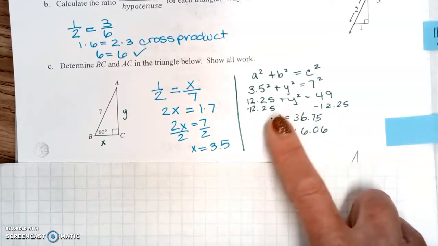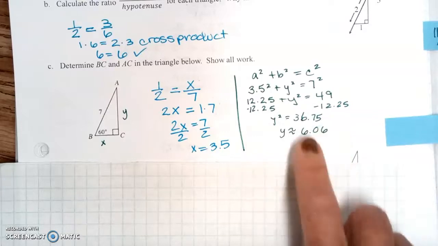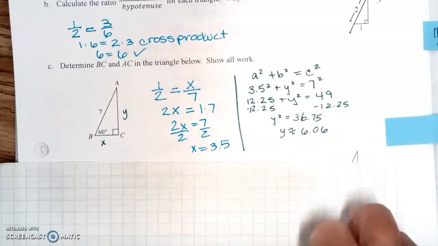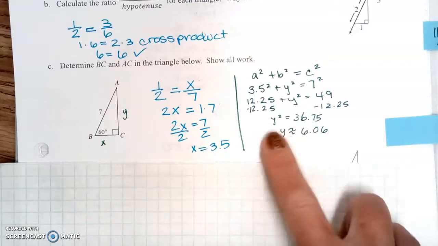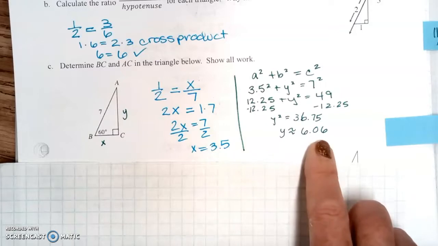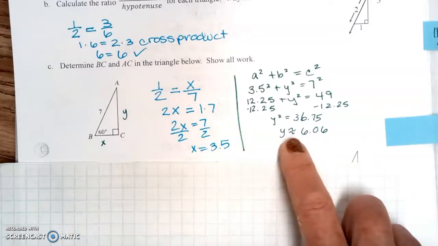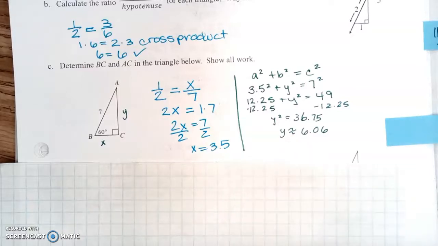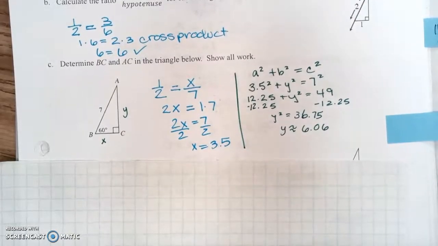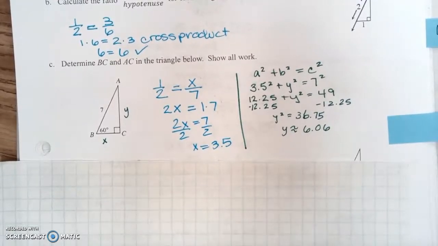So we subtract the 12.25 from both sides, which gives us 36.75. When we take the square root, we get approximately 6.06. Make sure you use the wavy equal sign because I got a continuous decimal. Okay? Any questions on problem 57?